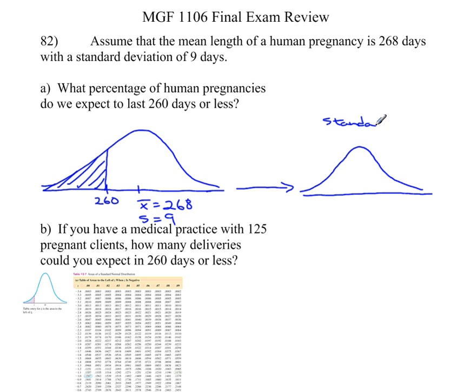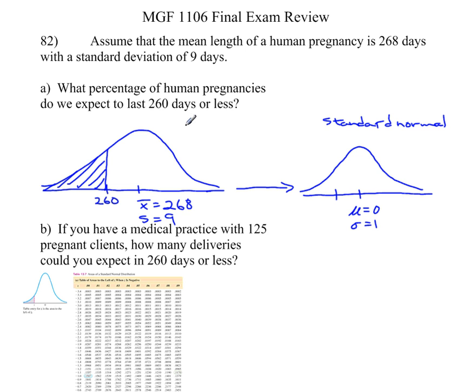In the standard normal distribution, if you'll recall, the mean is 0 and the standard deviation is 1. So in our case, the 268 will be transformed into 0, the 9 transformed into 1. We're going to have to figure out what the 260 is transformed into.